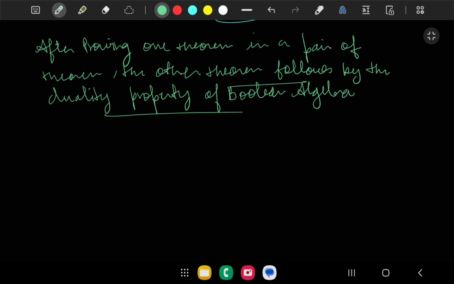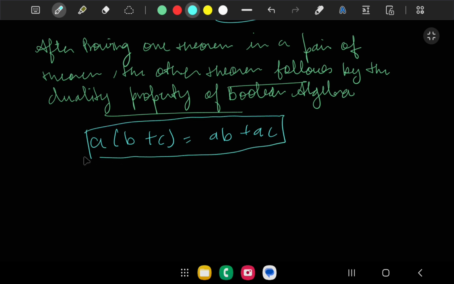So you can create another theorem using the duality property. For example, if you prove a(b plus c) equals ab plus ac, then automatically the dual will also be proven.